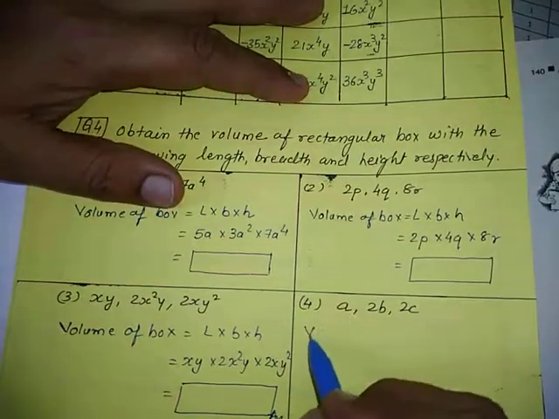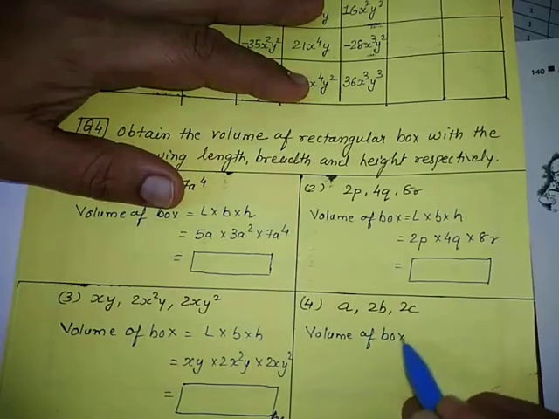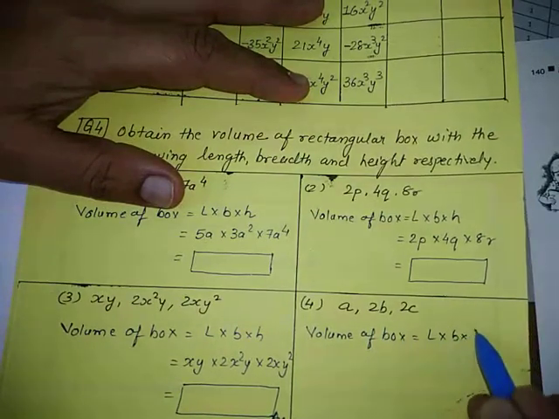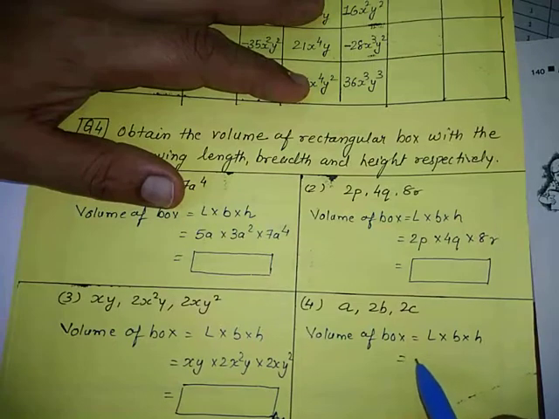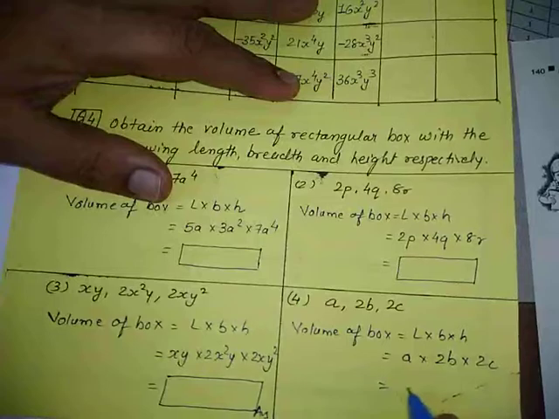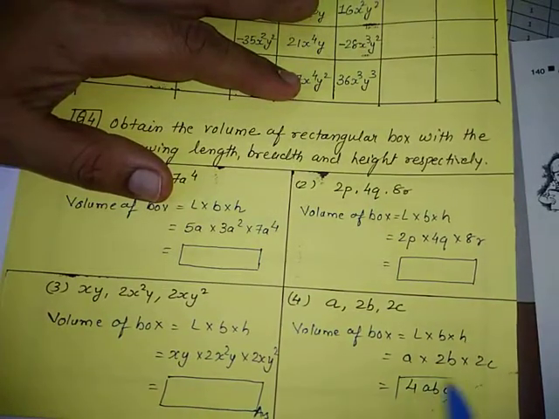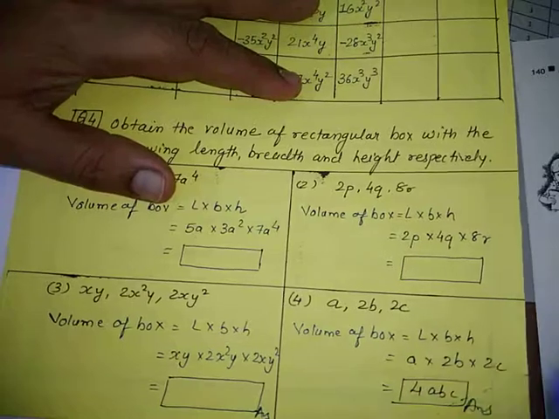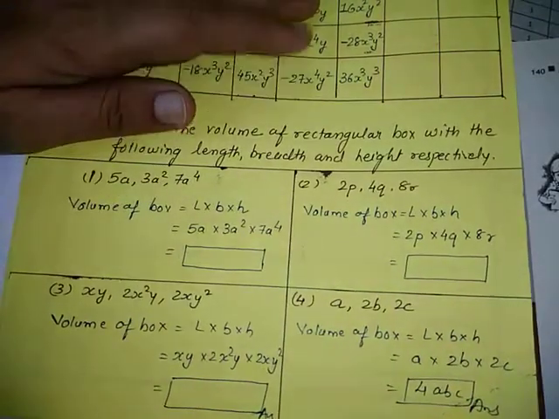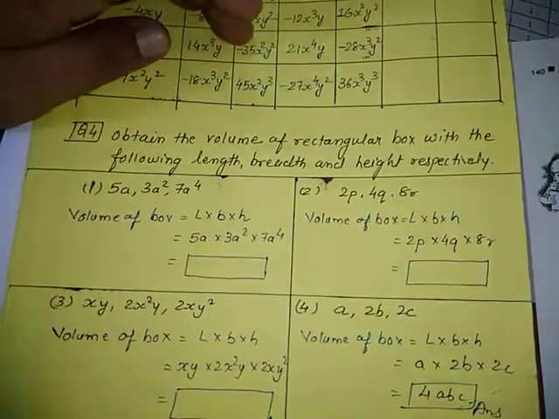Same way over here, volume of box is equal to L into B into H. So a multiplied by 2b into 2c. So 2 twos are 4abc, 4abc. So one I have solved. The other three you will find for your practice. We will do question number 5 next.